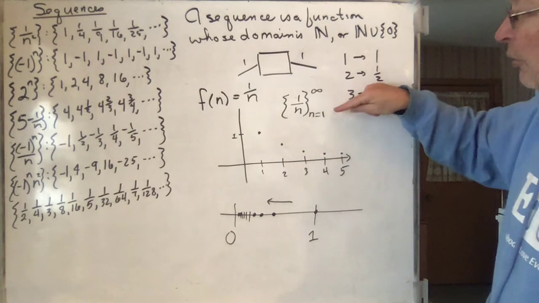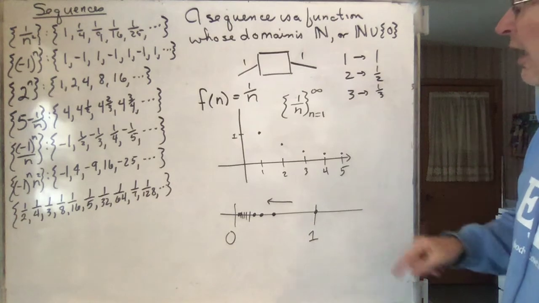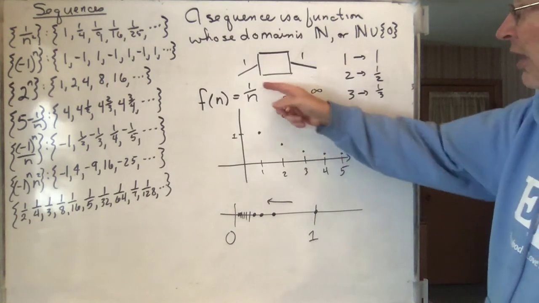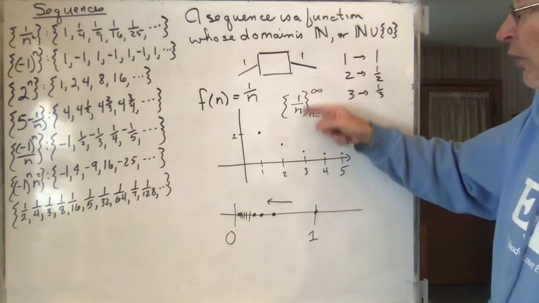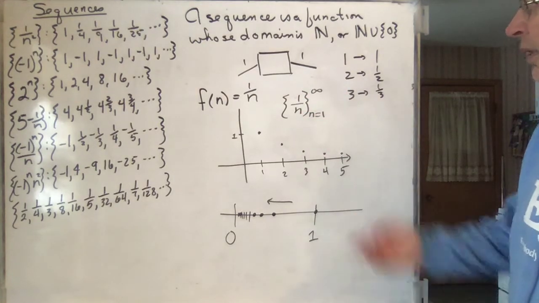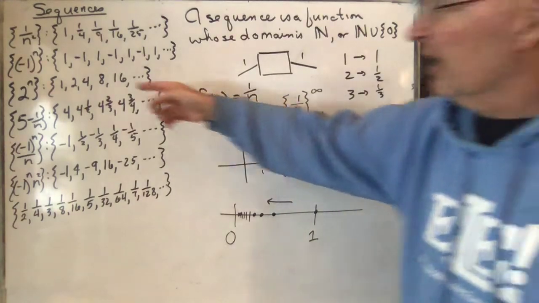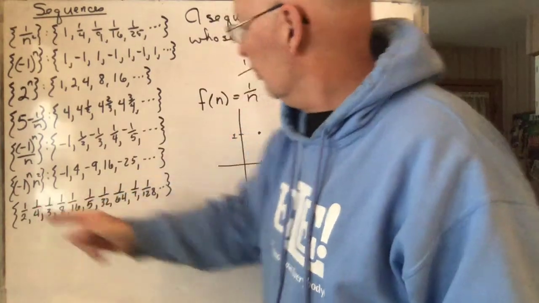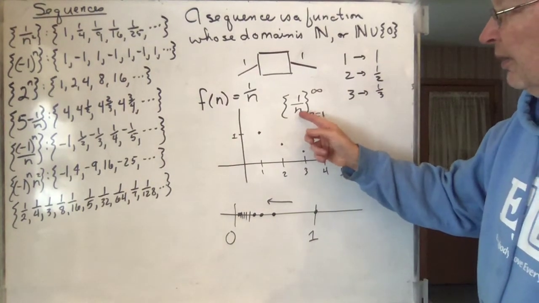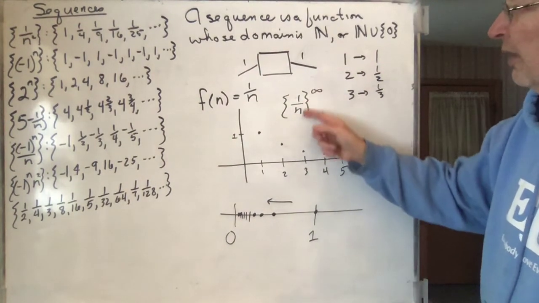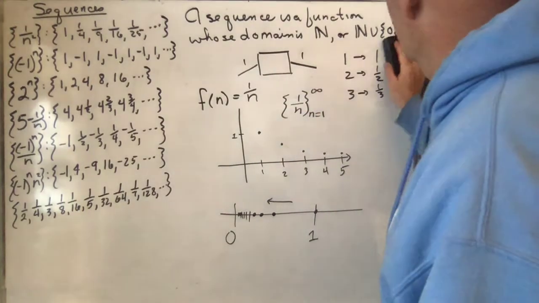The domain is everything from 1 to infinity. Those are the values that you're sticking in. And the numbers that come out are 1 over 1, 1 over 2, 1 over 3, and so on. So instead of writing a sequence like this, we usually write it like this. We put braces around it and put whatever you're doing to the n inside the braces. So there we go, very good.